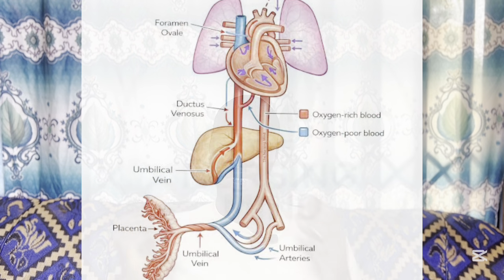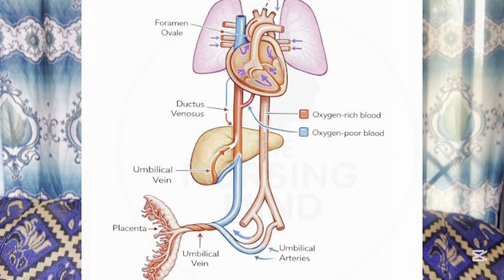Because the fetal liver is immature, it says, no, no, no, I don't want to take more blood because I can't handle it. So it now sends it straight to the heart. And it does this by a particular shunt known as the ductus venosus.